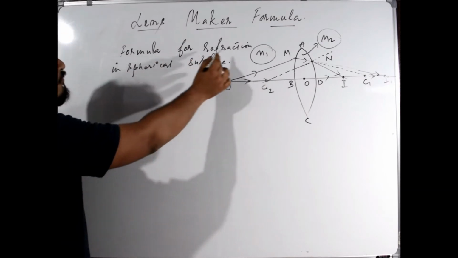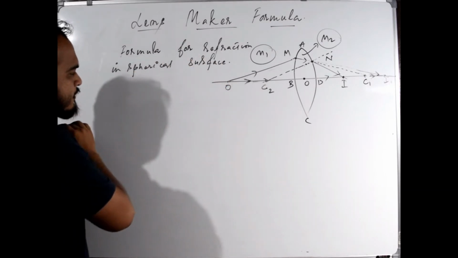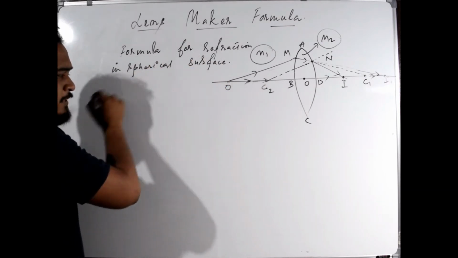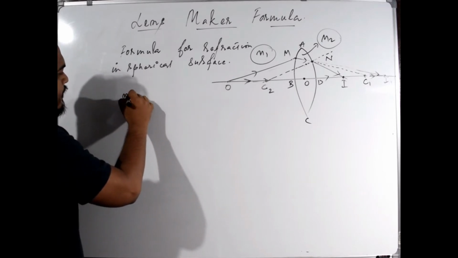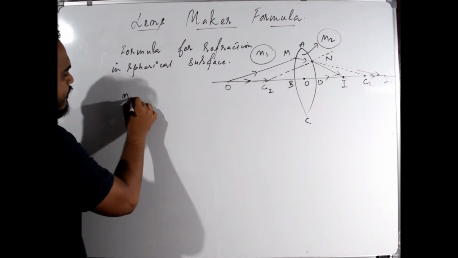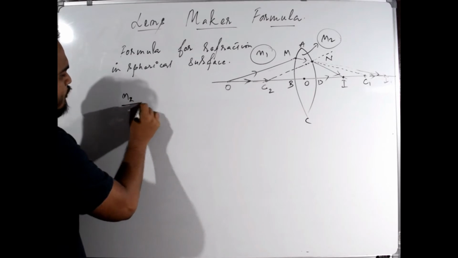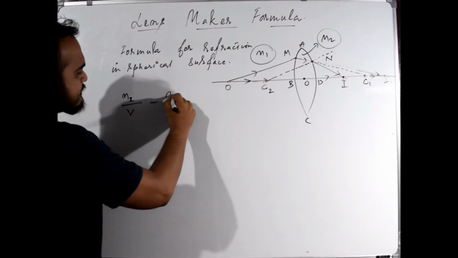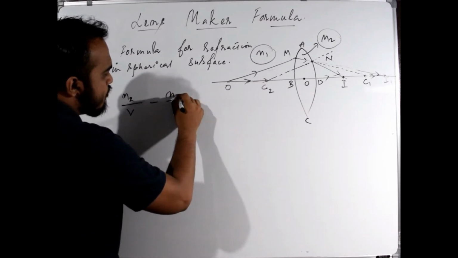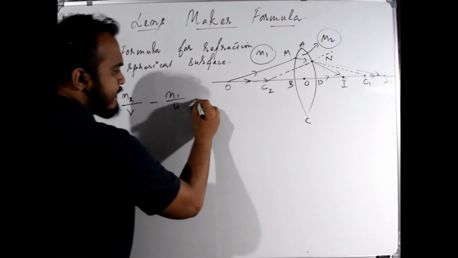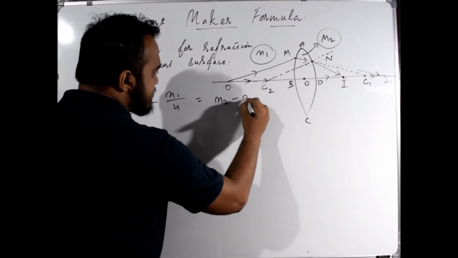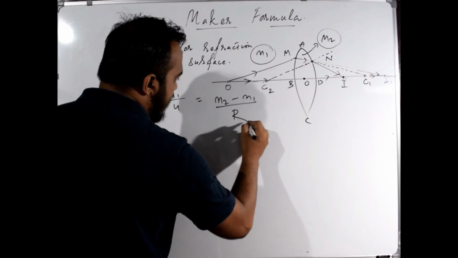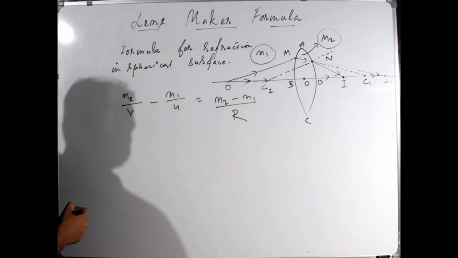So what was the formula for refraction in spherical surface? It was N2 divided by V minus N1 divided by U is equal to N2 minus N1 divided by R.